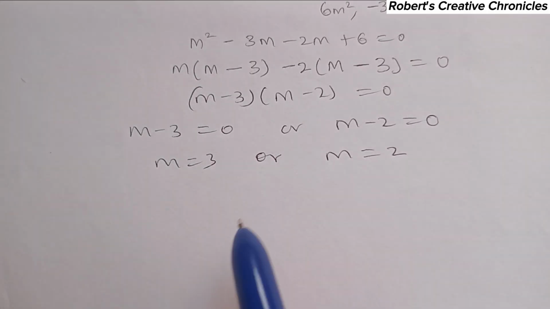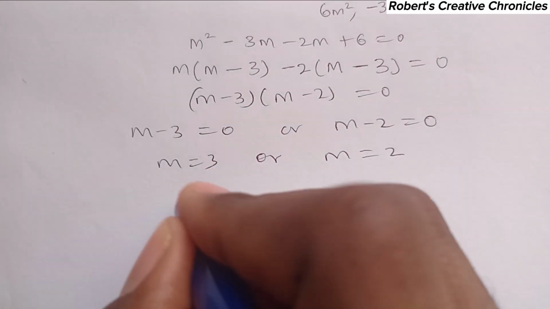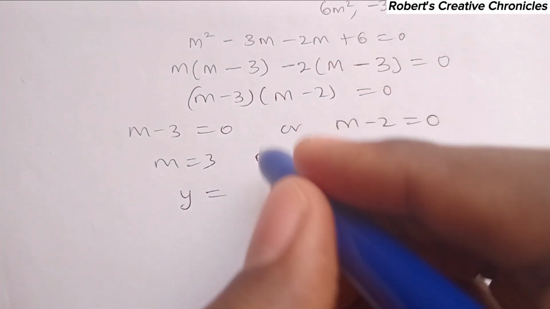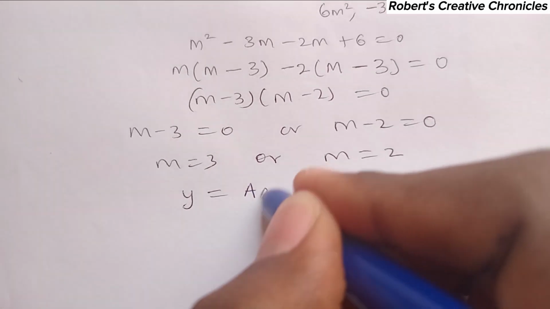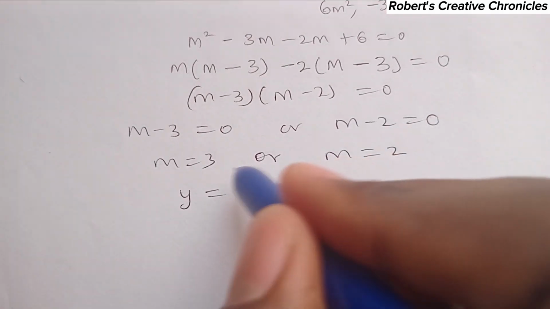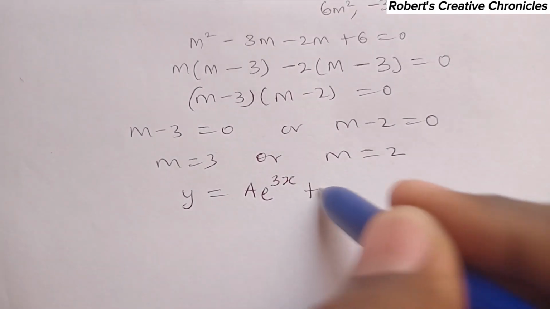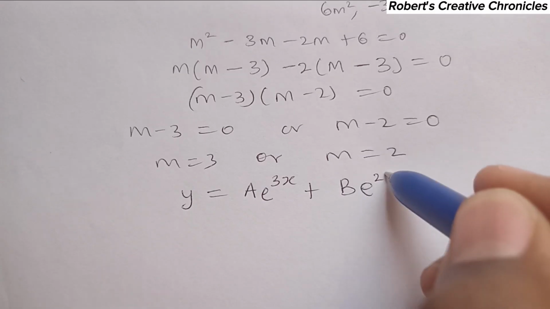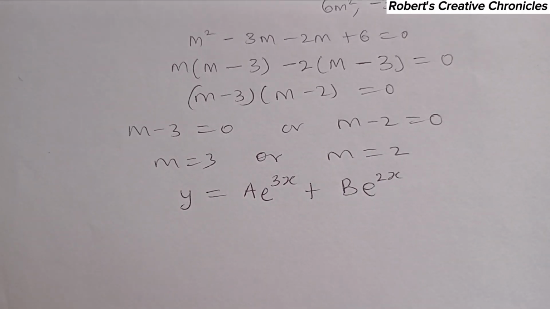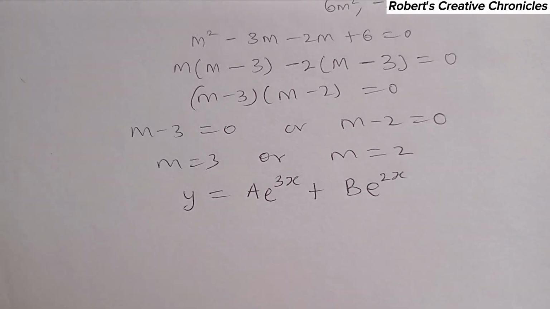So now, the solution for this one is a e to the 3x plus b e to the 2x. So we have found the complementary function.